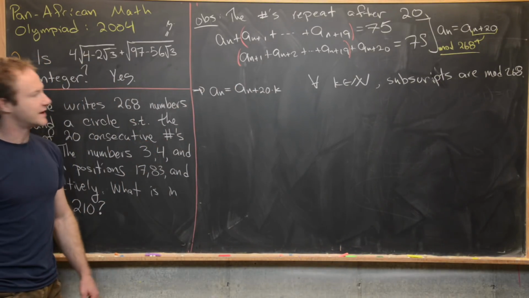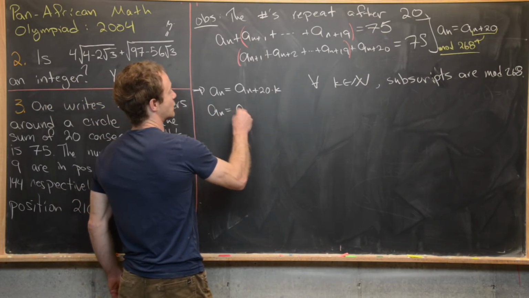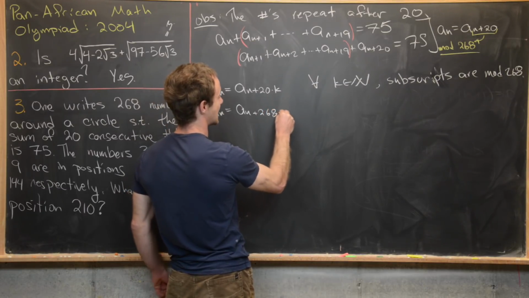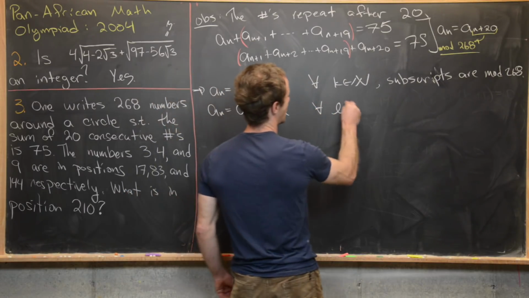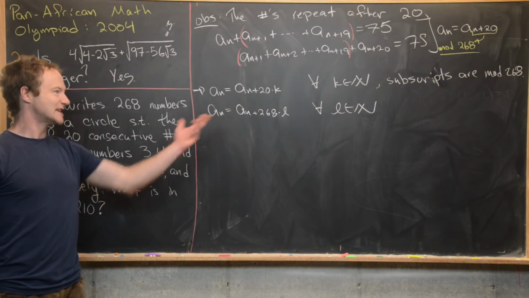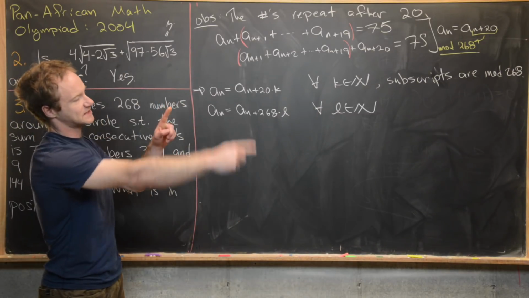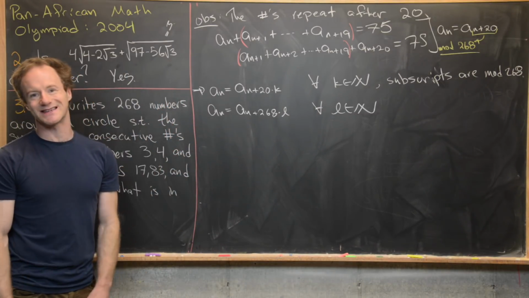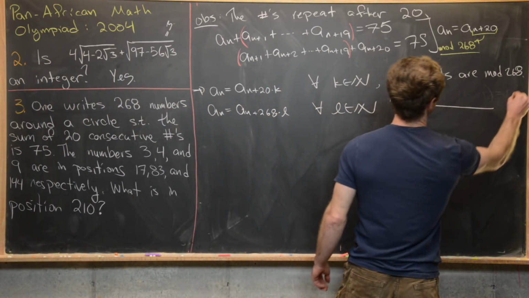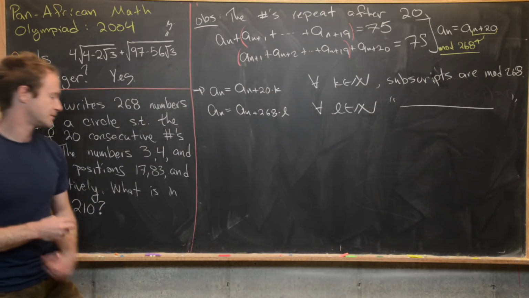Now the next thing that we want to notice is that also a_n equals a_{n+268L}, and this is true for all natural numbers L. That's really straightforward. That doesn't require anything but the fact that this loop has 268 numbers. And so here I'll just bring down this fact that the subscripts are happening mod 268.